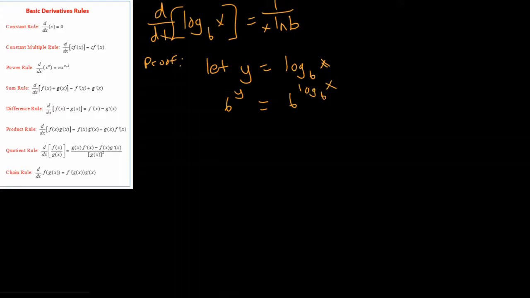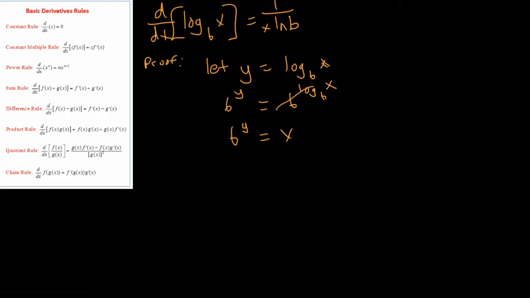And if you notice, if I raise b to the log b of x, that's going to cancel out the log and the b. Excuse me, let me rewrite that. b to the y equals x. So now we have b to the y equals x, but it doesn't seem very useful right now, but it will help soon.